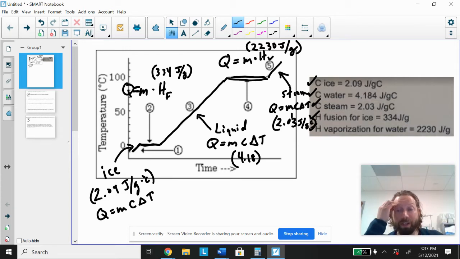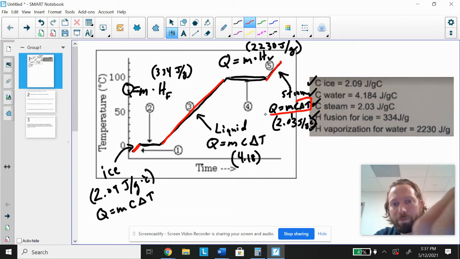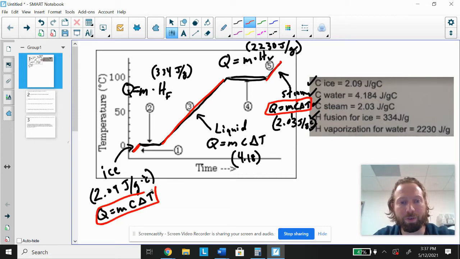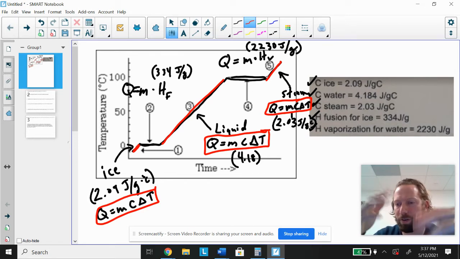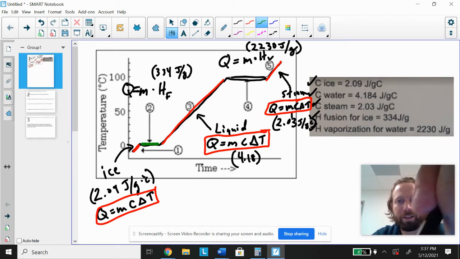So I know this looks a little bit complicated, but I hope you see that we have these three parts where it's increasing in temperature have all the same equation, Q is equal to mc delta T. And the only thing that really changes is the specific heat capacity and which temperatures we're rising or falling to. And the other two are the heat of fusion here and the heat of vaporization here. And those just have different equations to use.